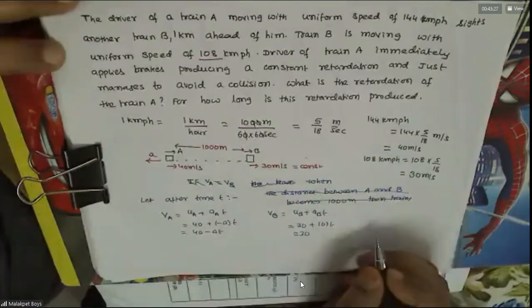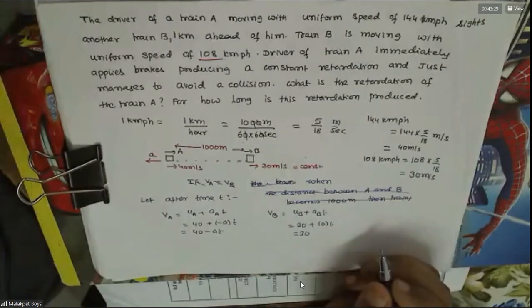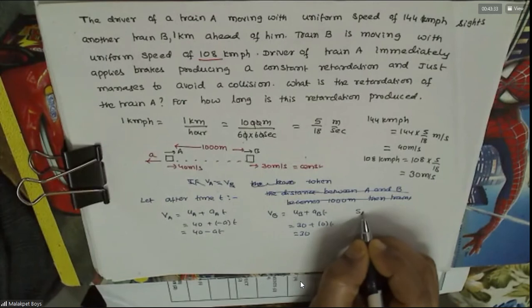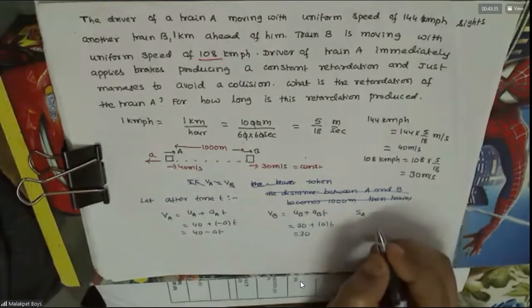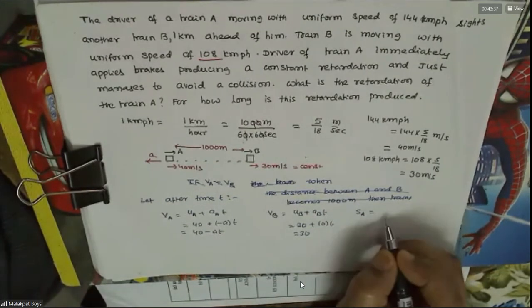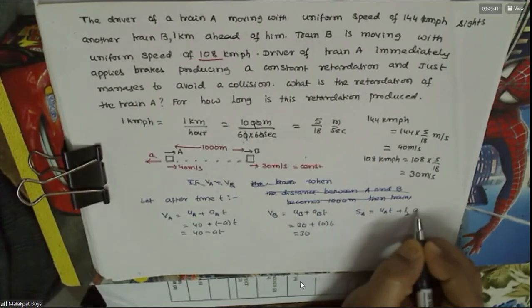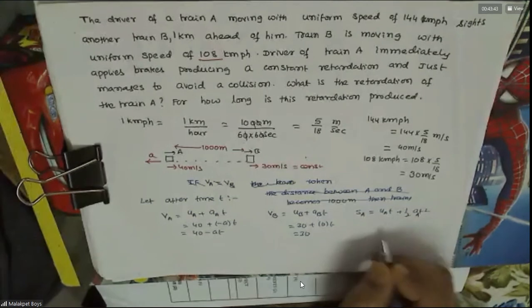Now, after time t, what is the distance traveled by A? Ut plus half AT square. I'm using this.